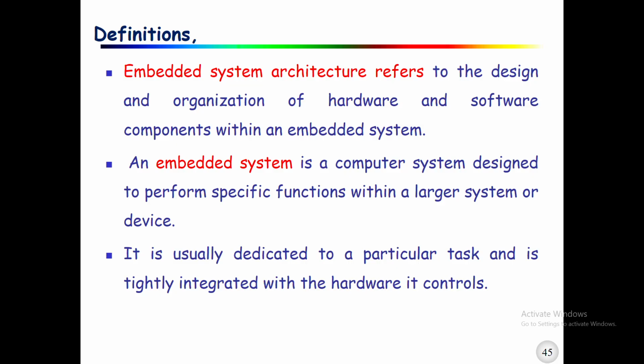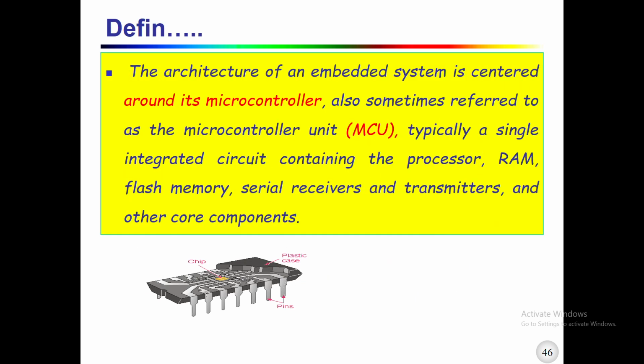This embedded system is a computer system designed to perform specific functions within a larger system. It is usually dedicated to a particular task and tightly integrated with the hardware that controls it, because it is embedded into a larger system.